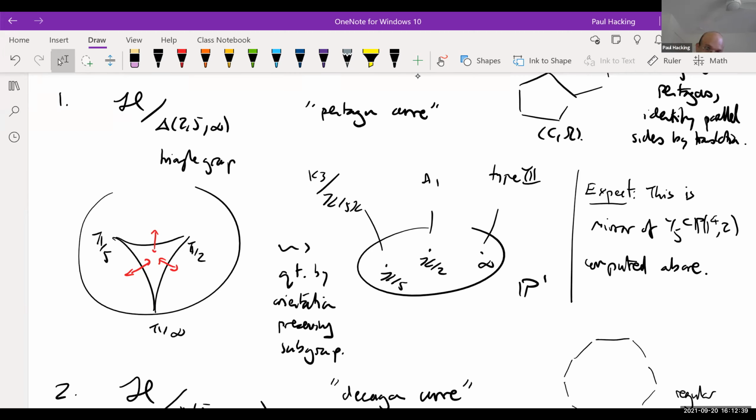And so we expect, although we haven't definitively checked, that this is the mirror of this Q-Fano that we wrote down above. So certainly what we know is that our family has one orbifold point where the fiber is K3 mod Z5, one point where we have an ordinary double point A1, and we have this type 3 degeneration infinity, admittedly with this Z2 quotient, the Z2 issue.